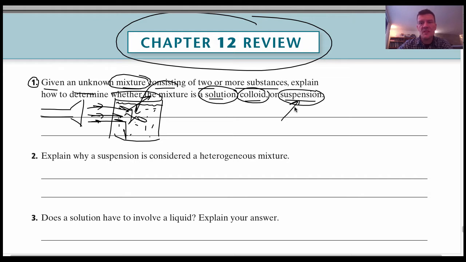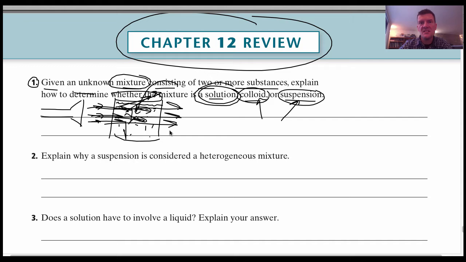So with a suspension and a colloid, the particles are bigger, and so they are going to cause the light rays to spread out and diffract, and so you're going to see them. But in a solution, the particles are so tiny that they let the light just pass straight through.